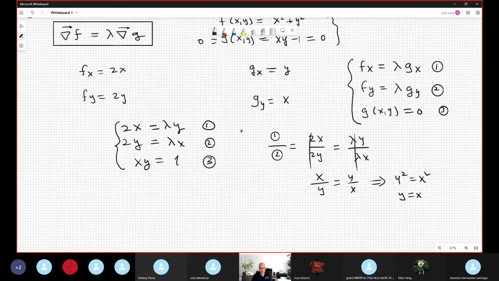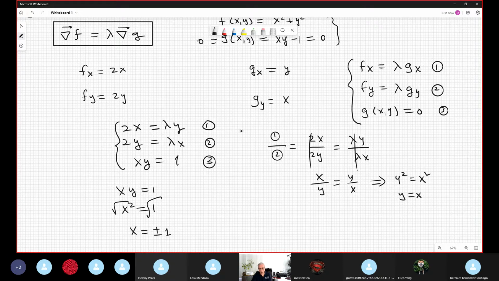And substitution in the third equation. The third equation is xy equal 1. But I know that x and y are the same, so it's x times x, x squared equals 1. Apply square root to both sides, now I consider plus or minus.